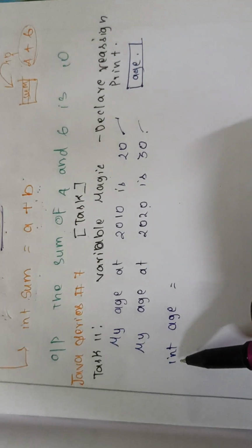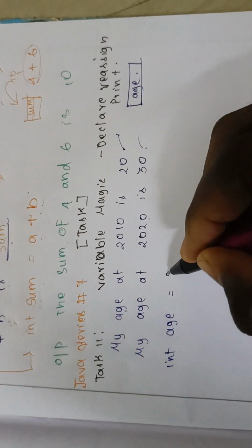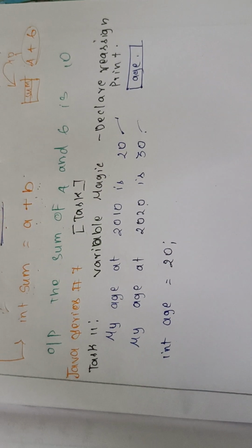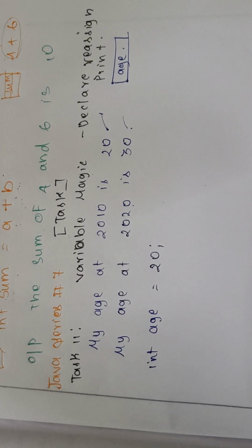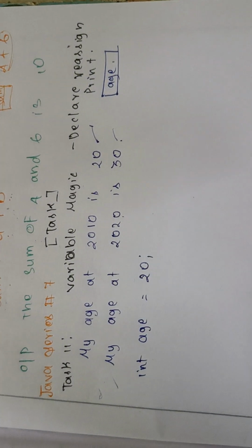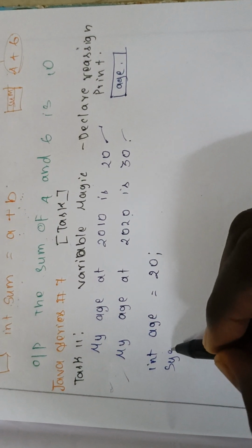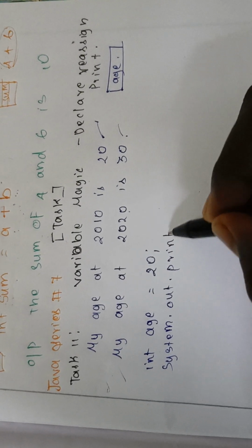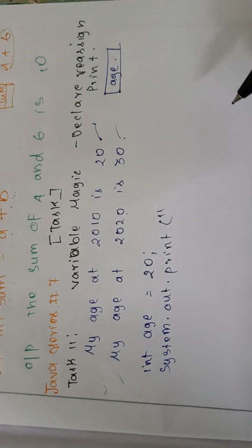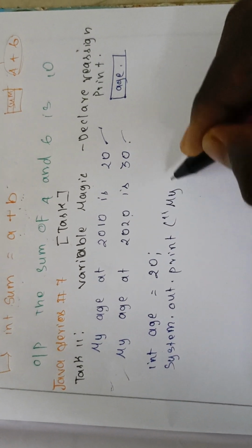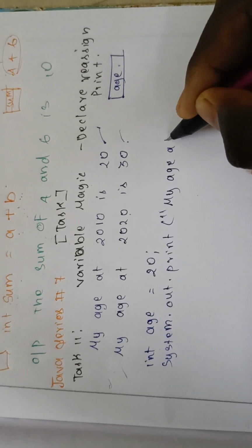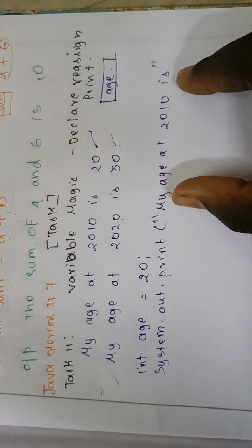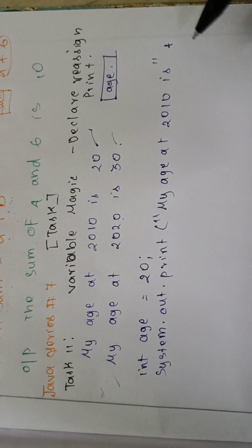I'm storing this age initially as 20. Don't forget to give a semicolon. And the task says you have to print both values. So now I'm writing System.out.print, open the parenthesis, "My age in 2010 is ", this is a string, plus you have to add age.